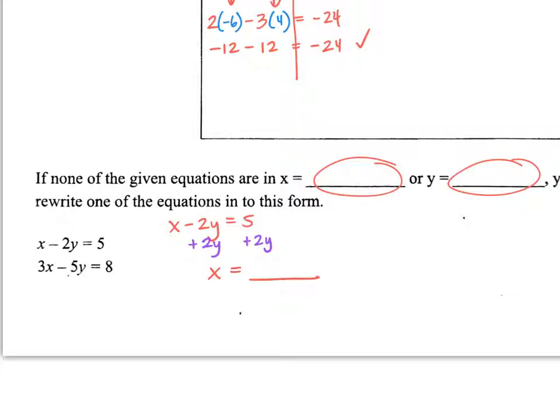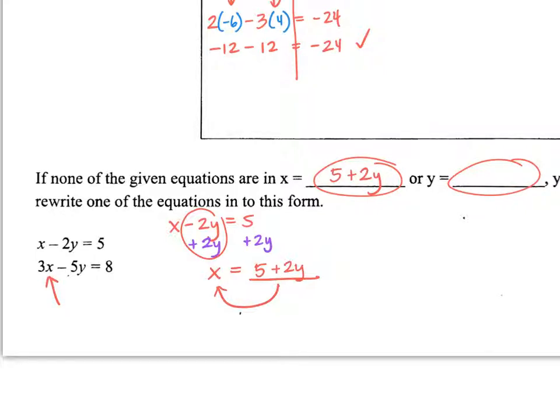Then this is gone, right? That's 0. So I do get just x, and on the other side, I get 5 plus 2y. So I end up with x equals 5 plus 2y, and I can now substitute that in for x over here on the left side.